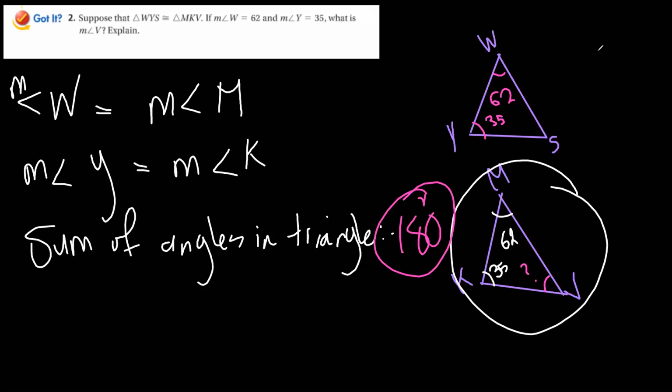In the square, in the rectangle, and all the other shapes, it's 360. But on the triangle, it's only 180.